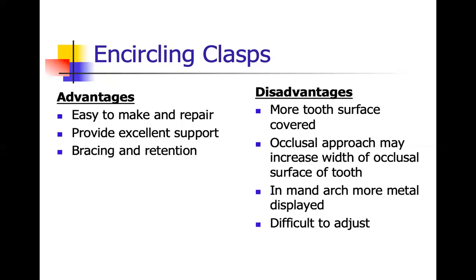Its occlusal approach may increase the width of the occlusal surface of the tooth. In the mandibular arch, more metal may be displayed as compared to the bar clasp arm. Its half-round form prevents adjustment to increase or decrease retention.